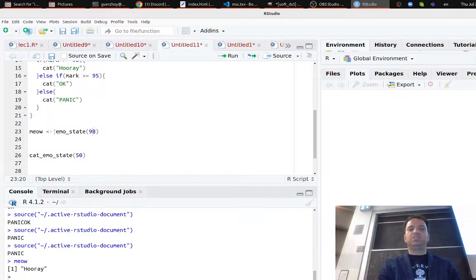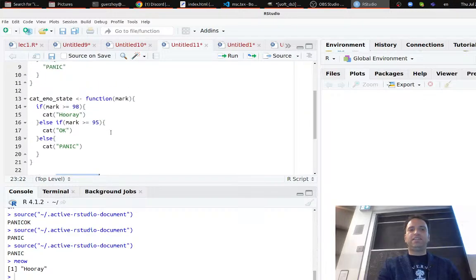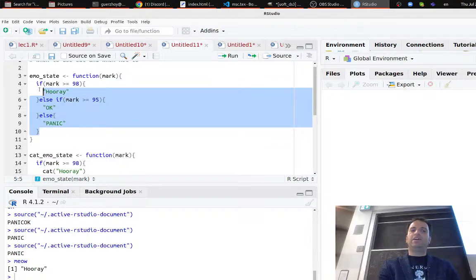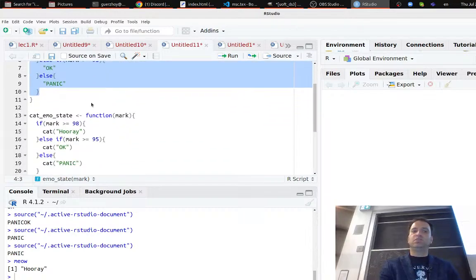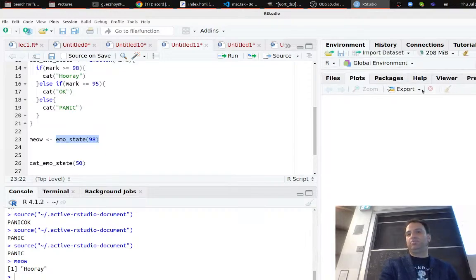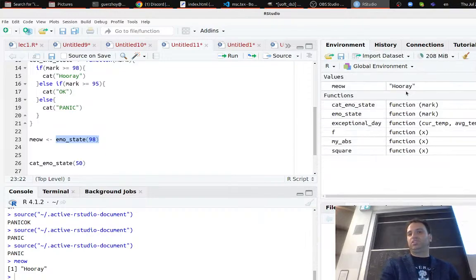Well, that's because the value of emo state of 98, if you plug in 98, 98 is greater or equal to 98, so this is true. So the value of this whole thing is going to be hooray. If I take this, which is hooray, and put it in meow, then the value of meow is going to become hooray. And you see it here as well. The value of this variable meow is hooray.